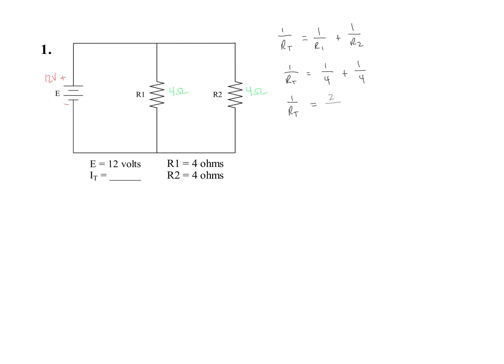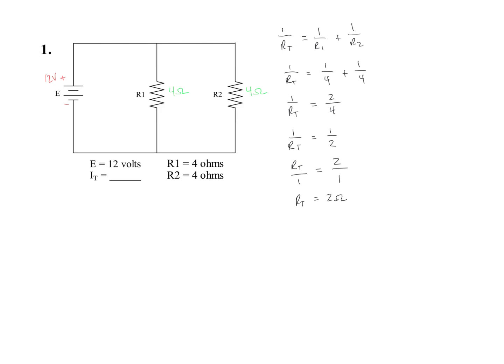That ends up being 2 fourths, which is 1/2 when we reduce it. Then we do the inverse of this, and our resistance total in this case is 2 ohms. Same number that we got before.